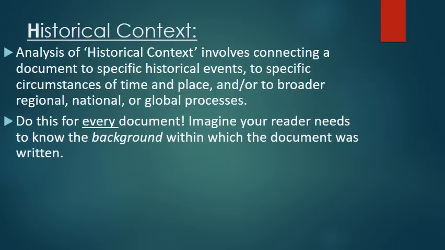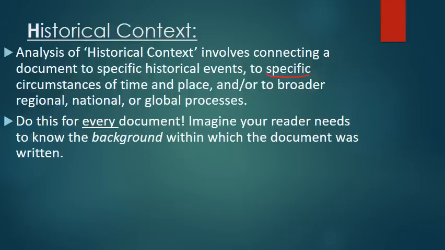Let's go ahead and start with historical context. Historical context involves connecting the document you're reading right now to specific circumstances. That specific word is very important. This is not just, this seems kind of like this other thing over here. It needs to be specifically within this time period.